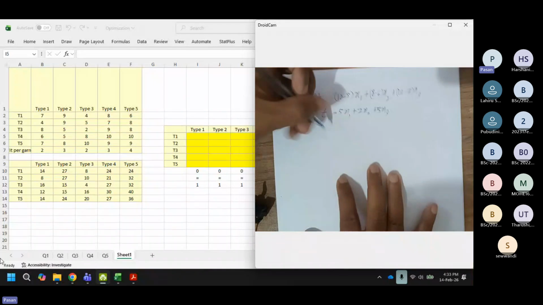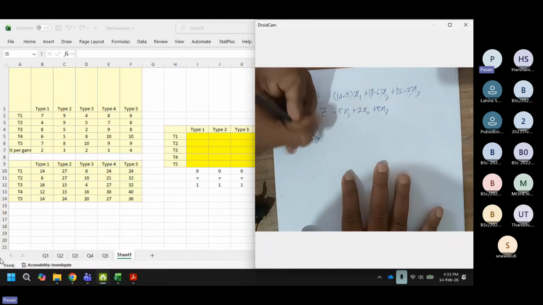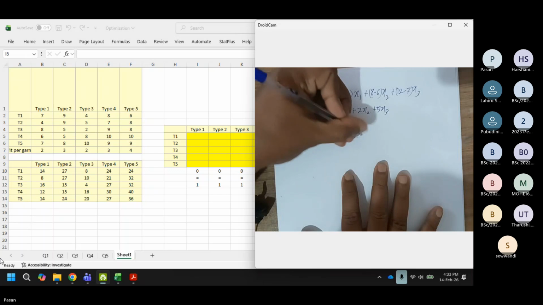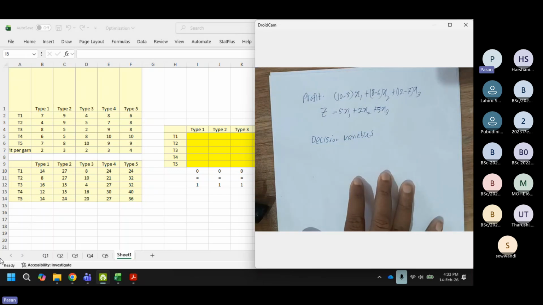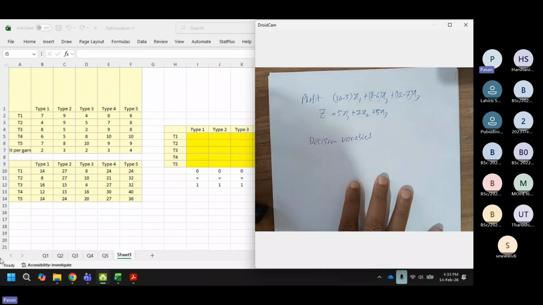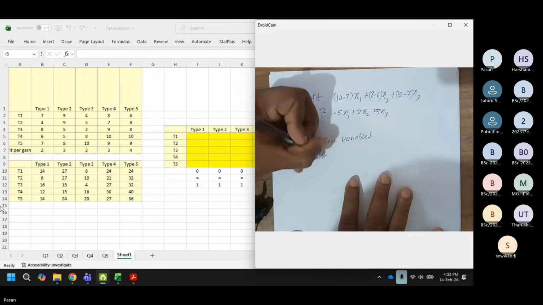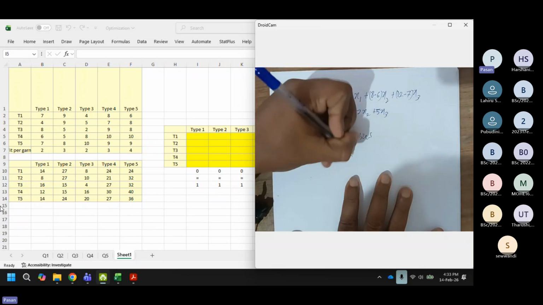So now I can define this. This is the additional part that we have in this example here, right? So we are introducing these decision variables. We can call them binary variables.